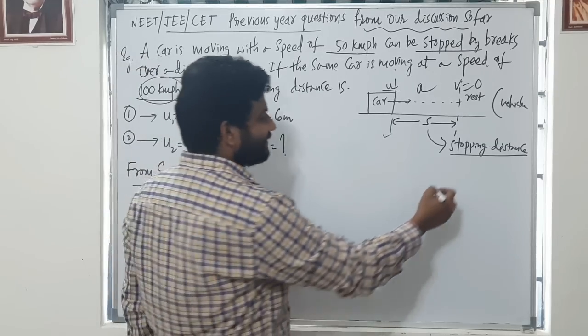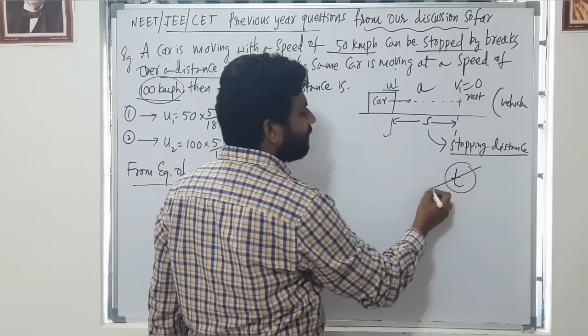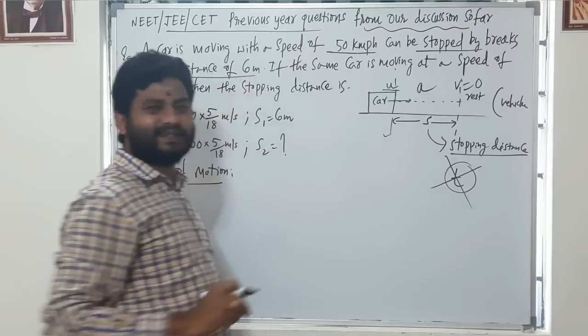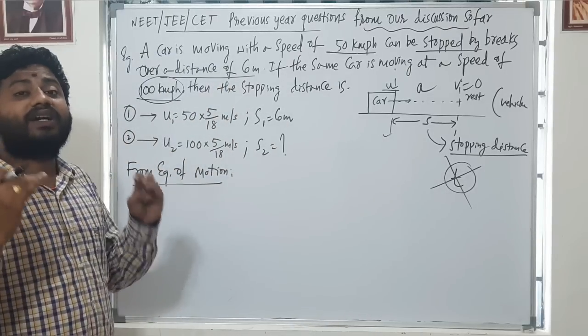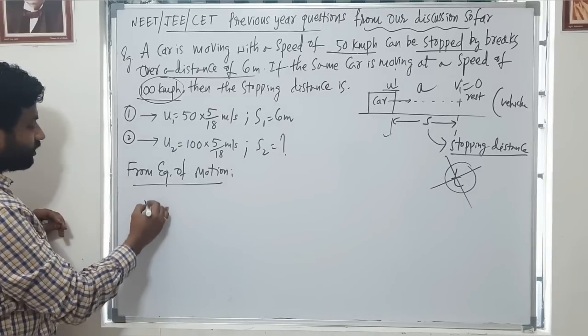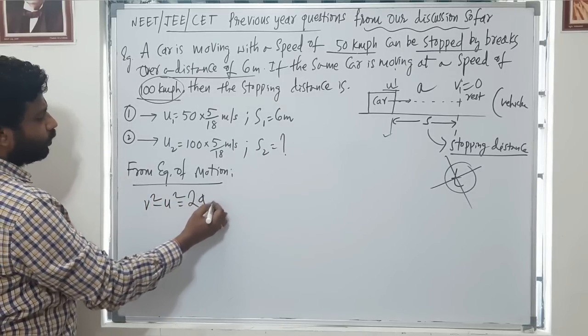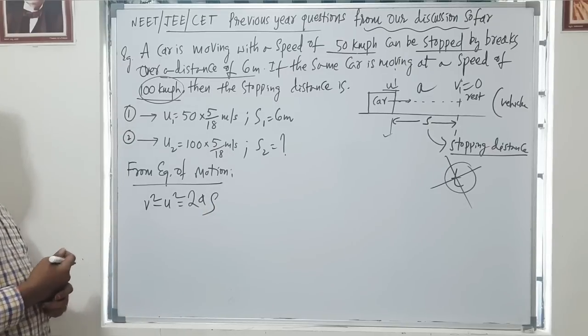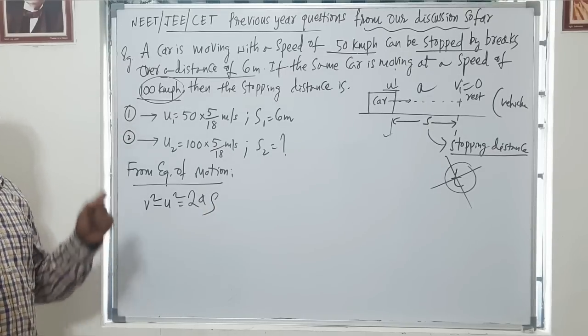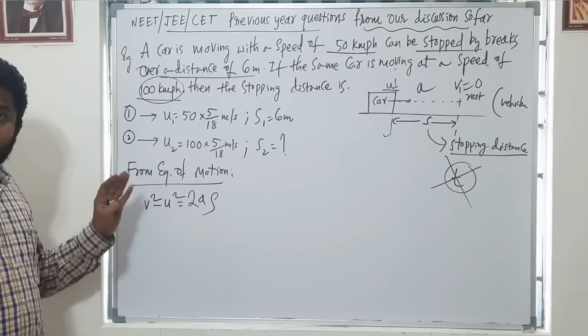No. As no time is mentioned in these cases, we can use the third equation of motion, which is V square minus U square is equal to 2AS. Is it clear?